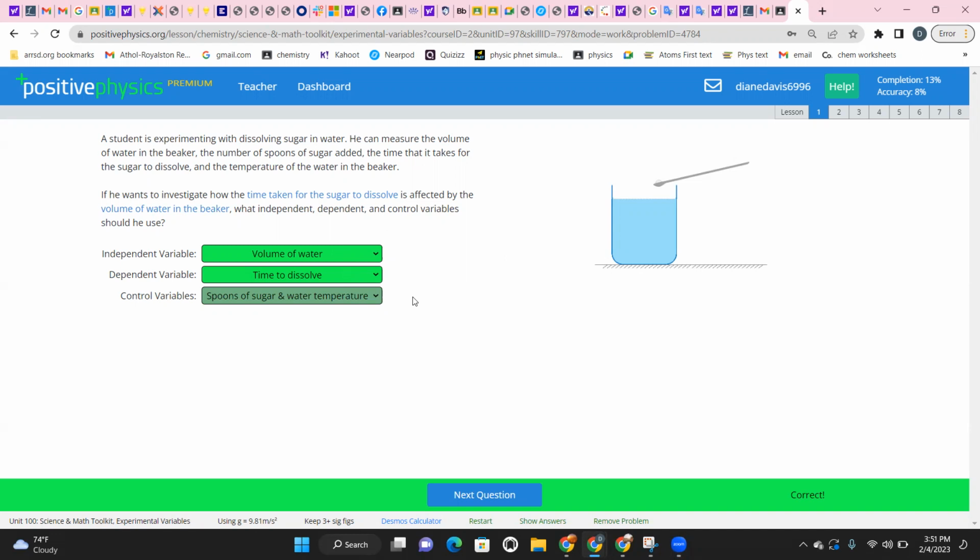Like you're not changing the water temperature, not changing the spoons of sugar. So you can see if you put the wrong item in and then change it, it turns green. This color green means you put it in right from the start. Okay. Let's look at another one.